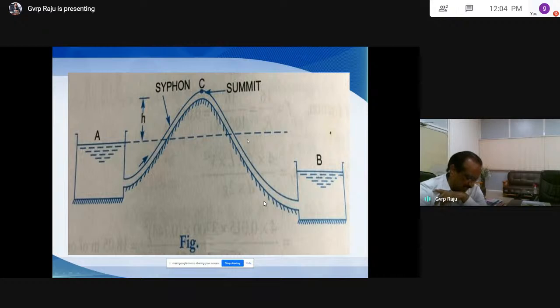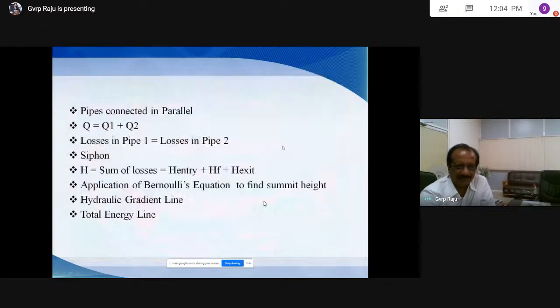And then how will you do the analysis for this? The first equation: the water level difference between the two reservoirs, capital H, is equal to the sum of losses.